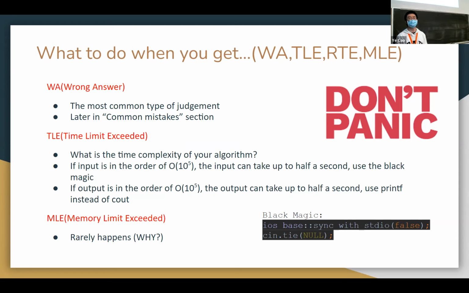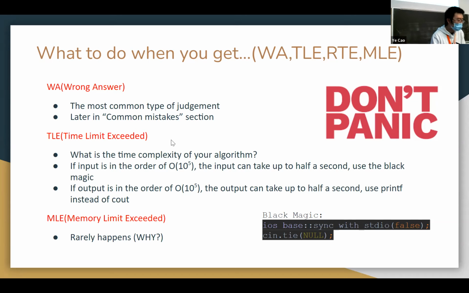I would say that WA is probably the most common type of your code not passing judgment. And when you see WA, first thing first, do not panic. I know there are a lot of newbies who spend 40 minutes typing out their code, submit to the judge, get WA, and they get like, how can my code be wrong? If you're wondering why I know it, I was that person a couple years ago.